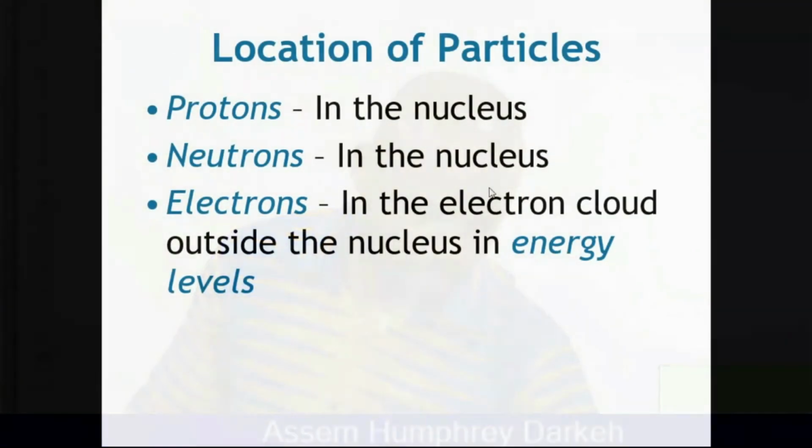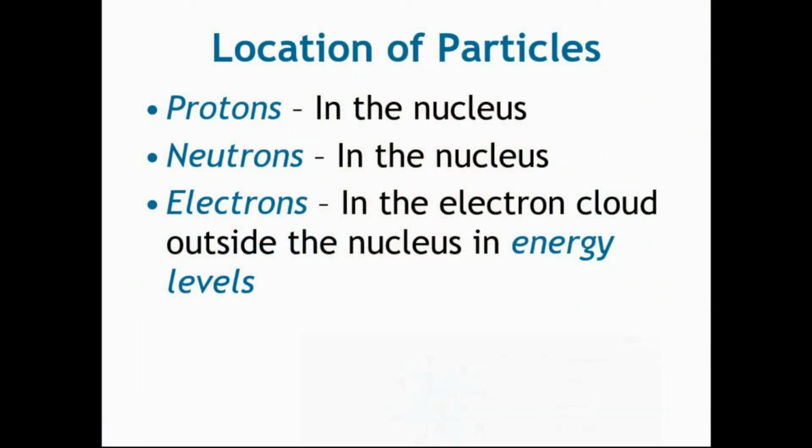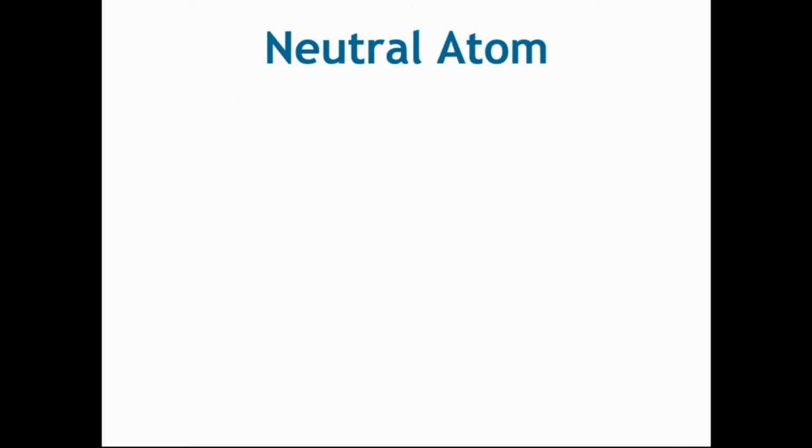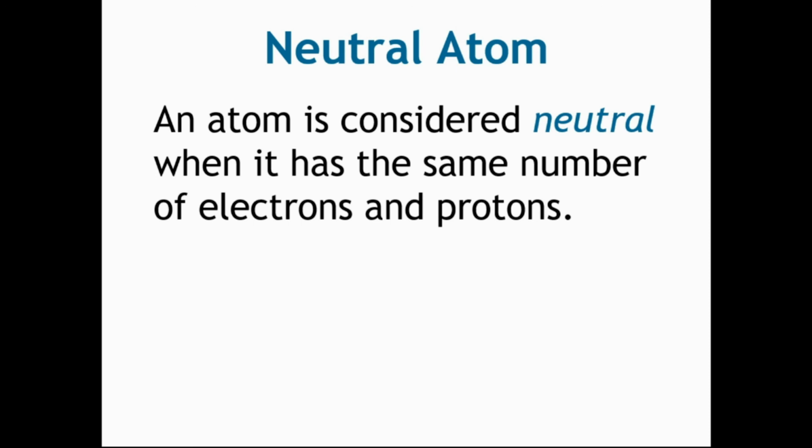Any of these is correct. So we talked about the neutral atom as having an equal number of protons and electrons. An atom is considered neutral when it has the same number of electrons and protons.